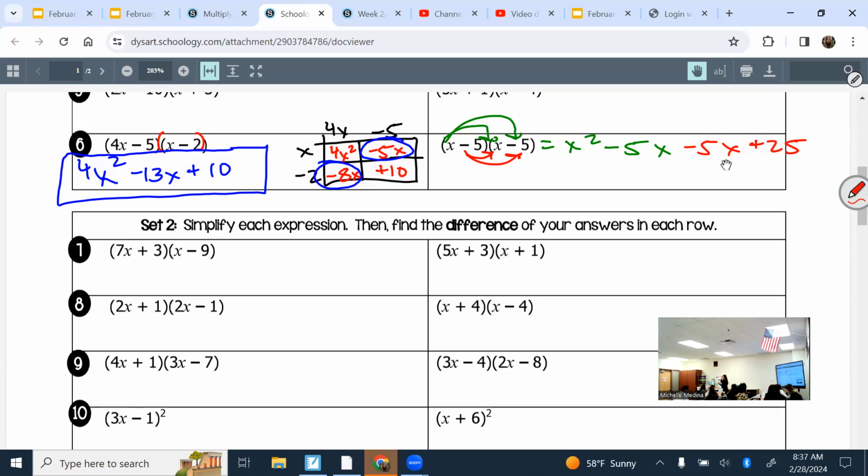You want to separate the different terms. Combine any like terms, usually it happens to be your x terms, like these ones. What's -5x plus -5x? Good, it's negative, make sure you show that. And then bring down the other terms that do not have like terms.